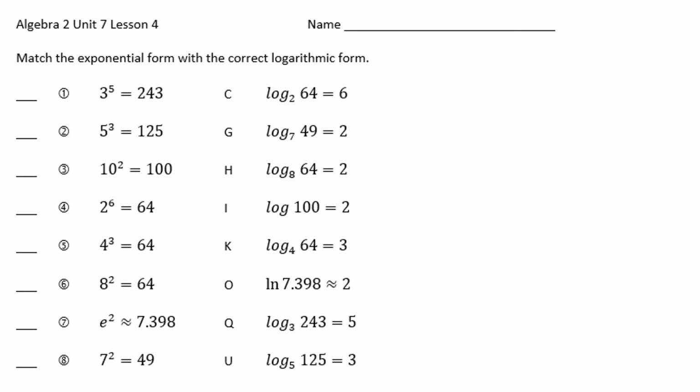I'm like, hey, the exponent is a 5. I better make sure that one of those says equals 5. And then, of course, there's a value of 243. So I'm like, okay, I better find one that says log base 3 of 243 equals 5. And if I can find one, I can then just take that letter and write that letter in the blank right before question number 1.